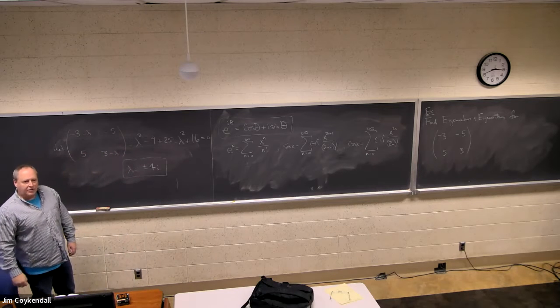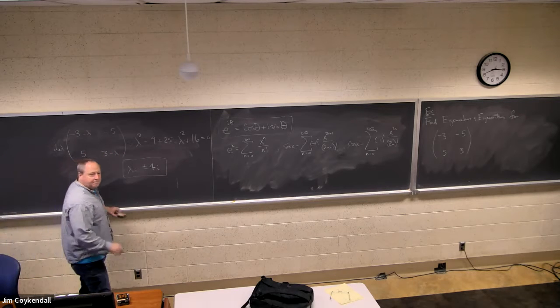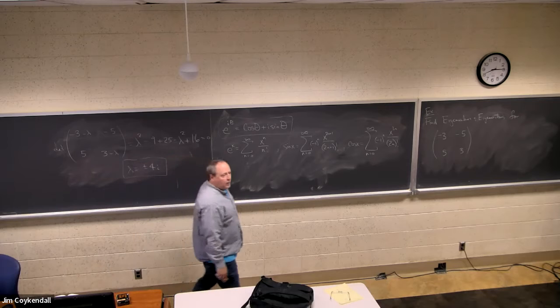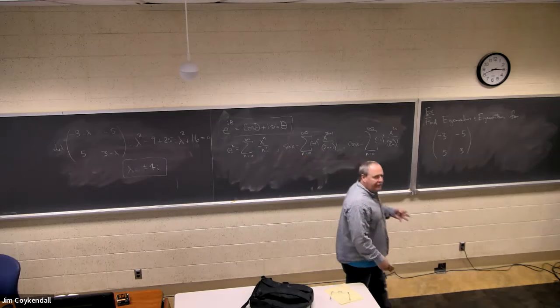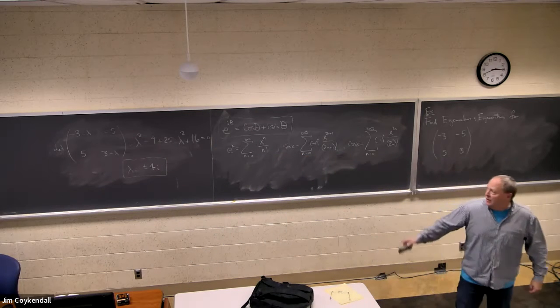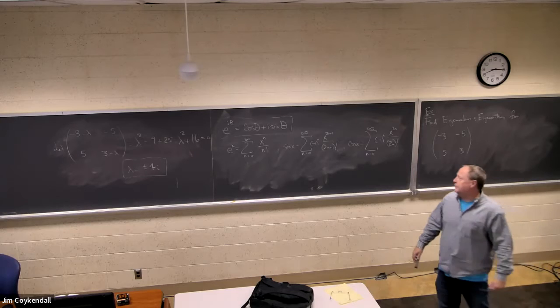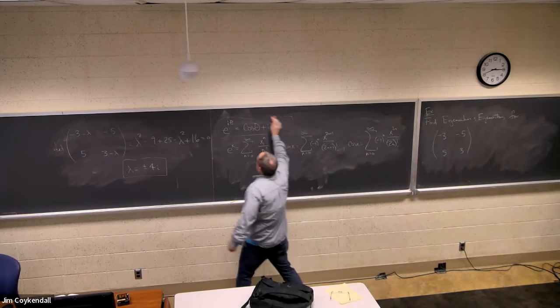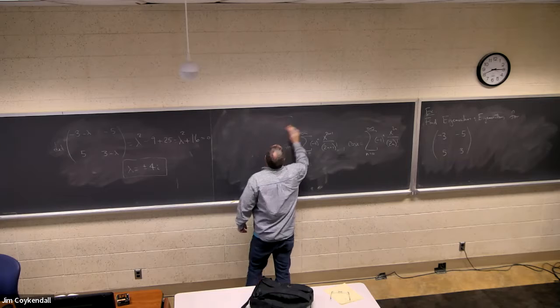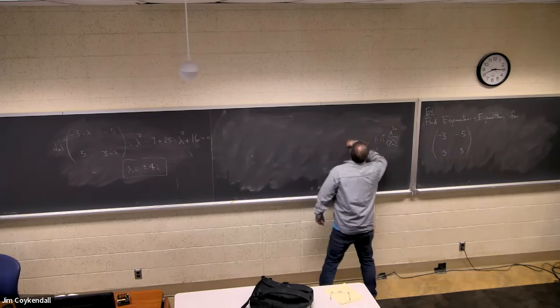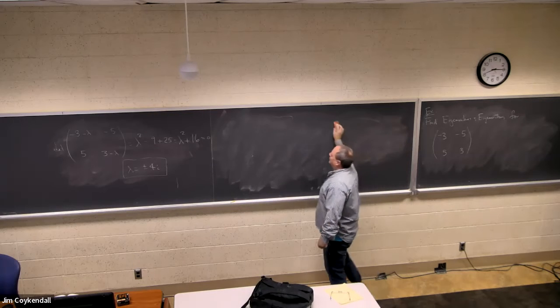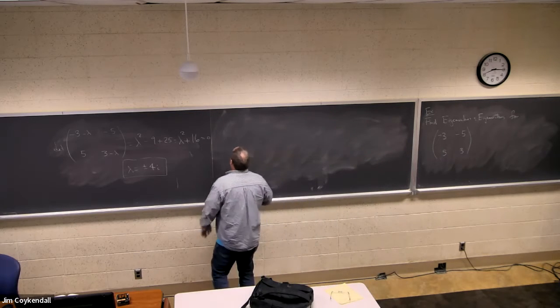There are my complex conjugate eigenvalues. Now, what do we do to find the eigenvectors? We do the same thing we did before. We just subtract each eigenvalue from the diagonal and find the null space.